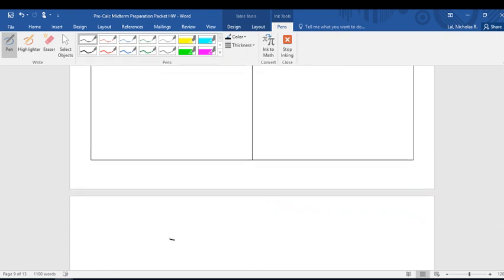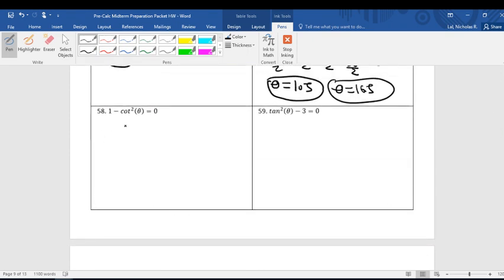58. 1 minus the cotangent squared theta. Alright. So first of all, subtract 1 from each side. The negative cotangent squared of theta is equal to negative 1. Divide each side by negative 1. The cotangent squared of theta is equal to 1.